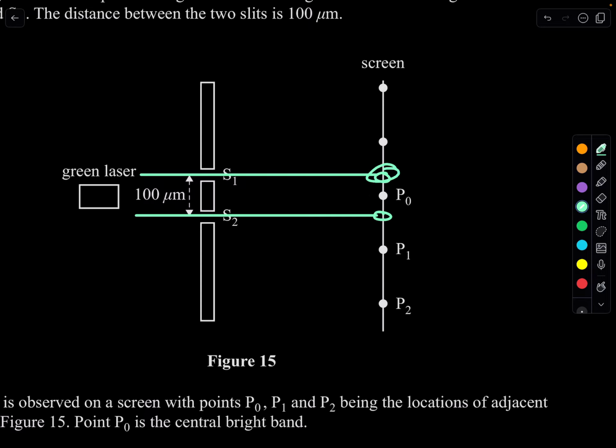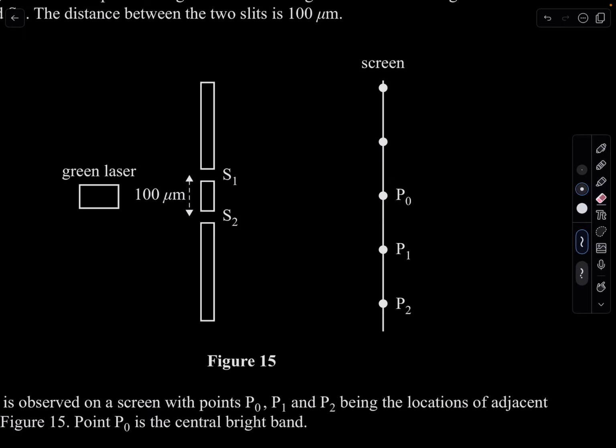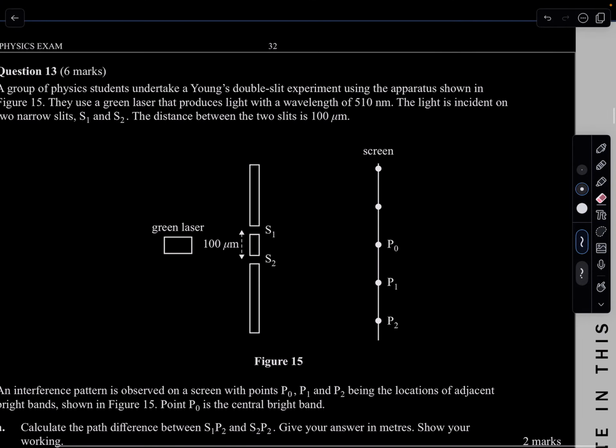But they realized there was an interference pattern. So you just need to explain that the particle model would have predicted two bright spots behind the slits, and that doesn't occur. So it only supports the wave model.